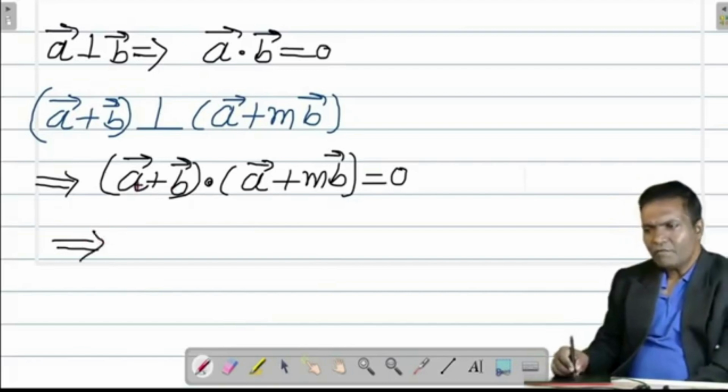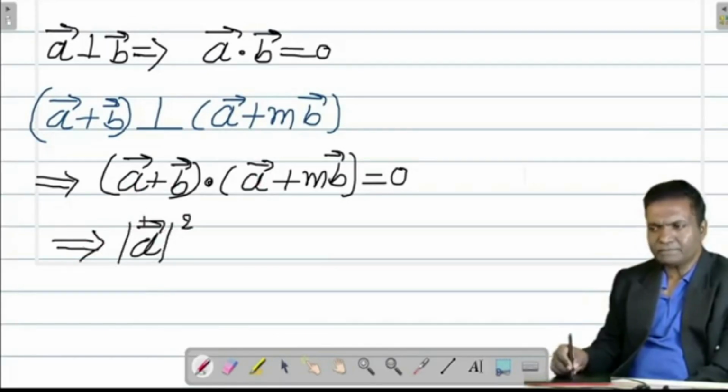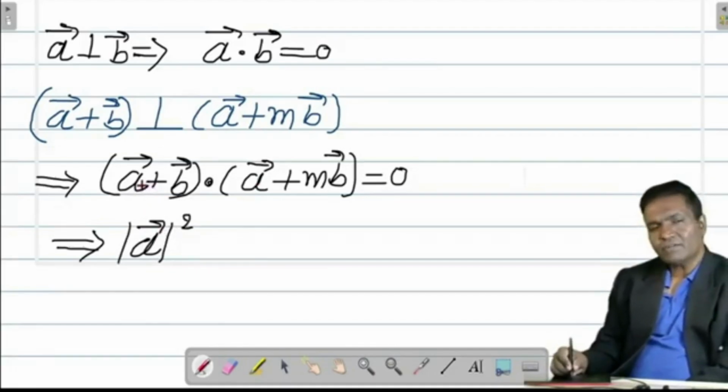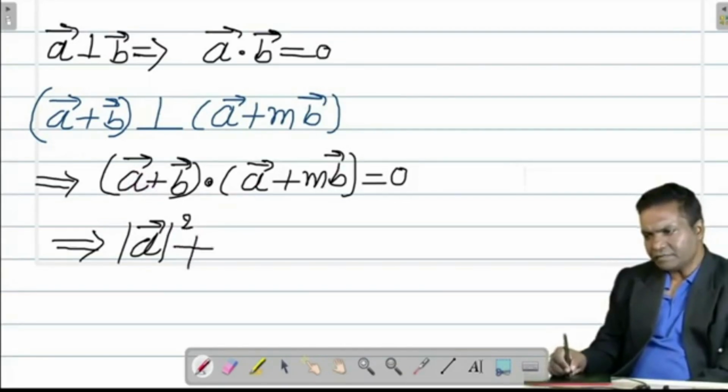Multiply this. Vector A dot vector A is, as we all know, the magnitude of vector A square. Okay, the dot product of two similar vectors is equal to the square of its magnitude. Next, this into this, the dot product of vector A and m into vector B. So m is a constant, I can write A dot B, or directly write 0 because they are perpendicular.